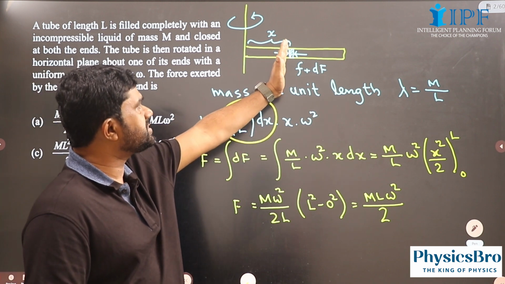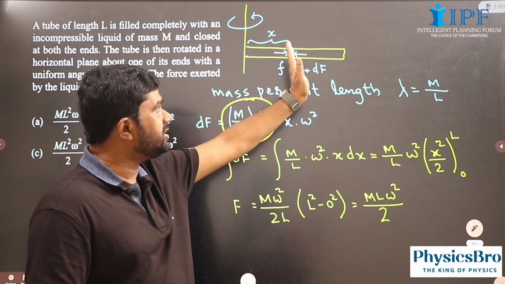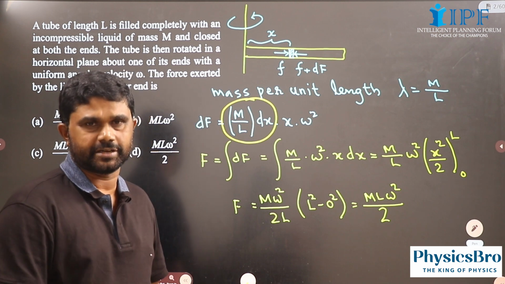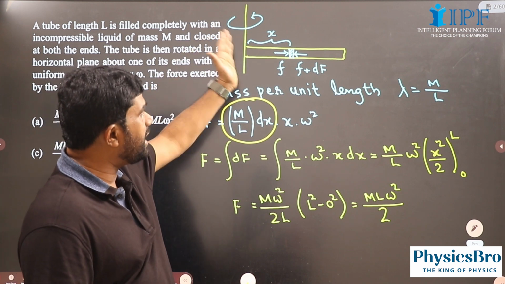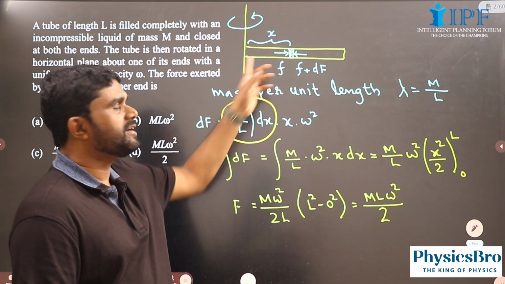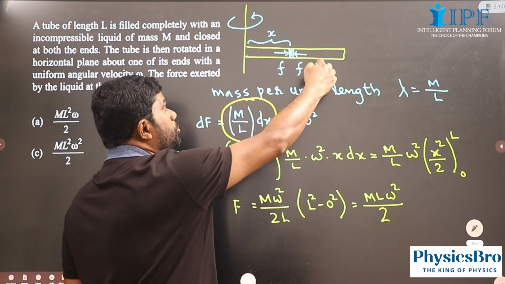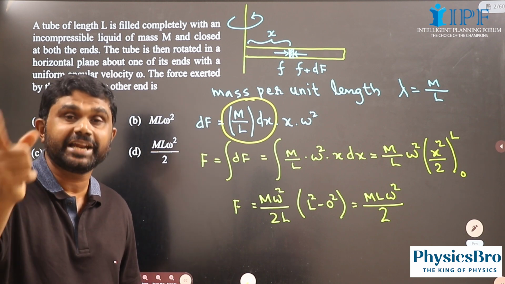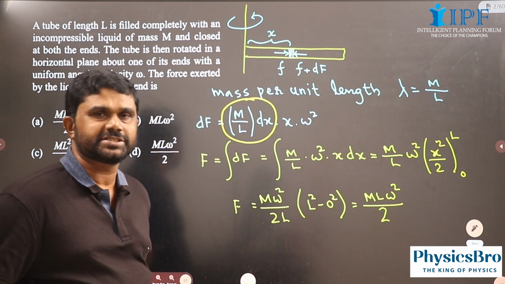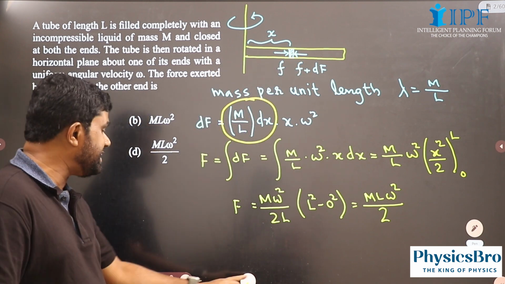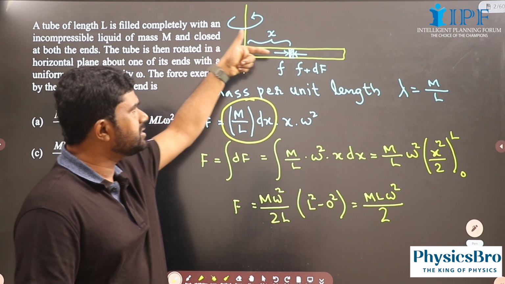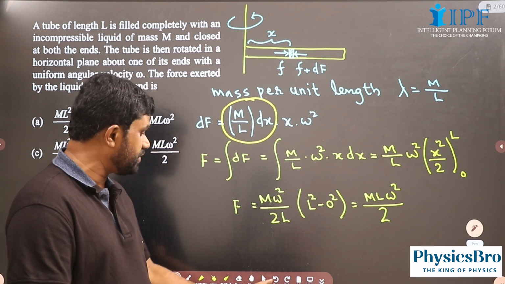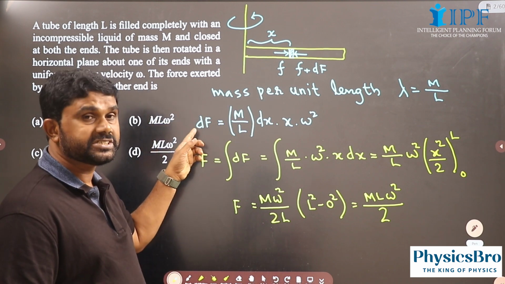Suppose the liquid on the left side of this element exerts a force F, and the liquid on the right side exerts a stronger force, F plus dF, so the resultant force is directed towards the center. The resultant force will be dF, and that provides the centripetal force.